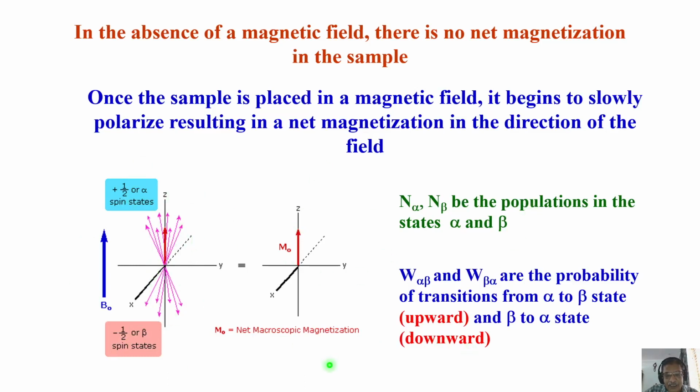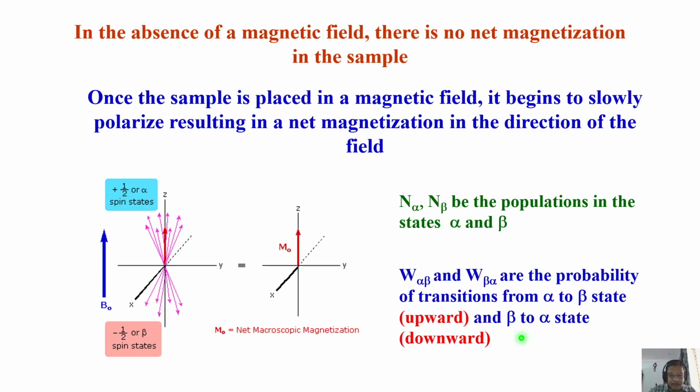Now, when the polarization has to occur, the spins have to redistribute themselves between the two energy states. Let us define W alpha beta and W beta alpha as the probabilities of the transitions from the alpha state to the beta state, that is the upward transition, and from the beta state to the alpha state.